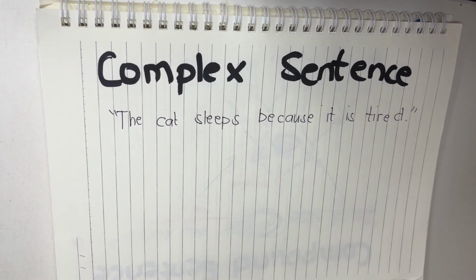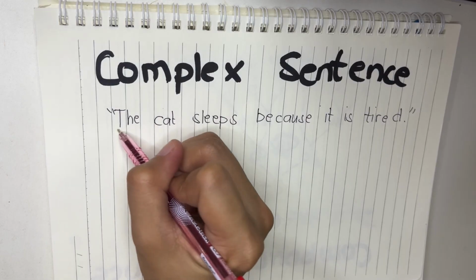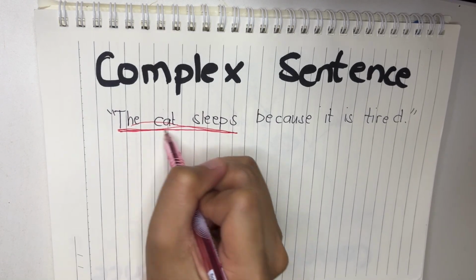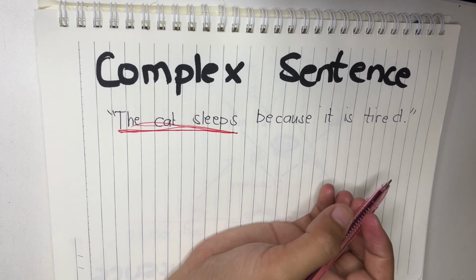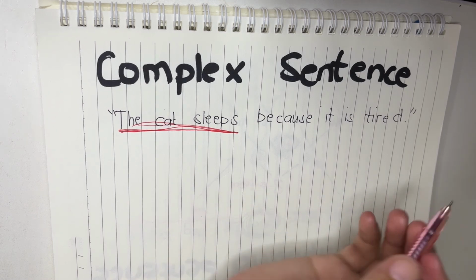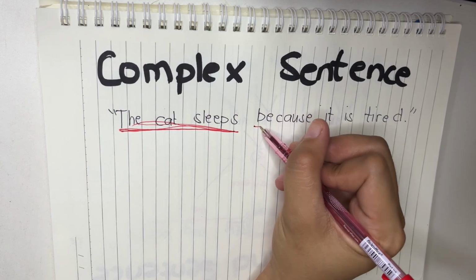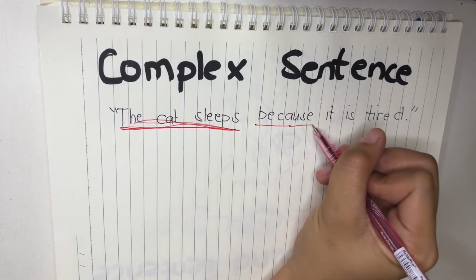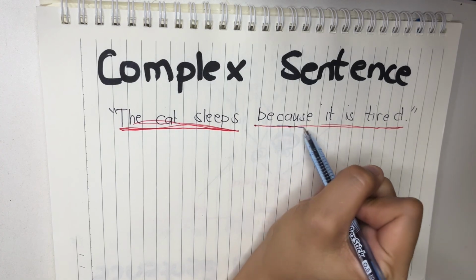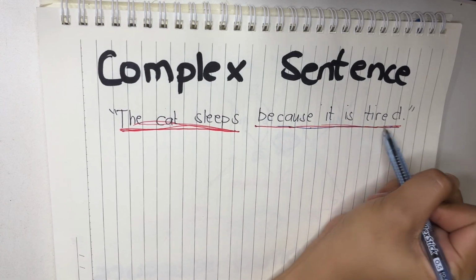So here's the main clause, the cat sleeps. While the subordinate clause is because it's tired. So that's our subordinator.